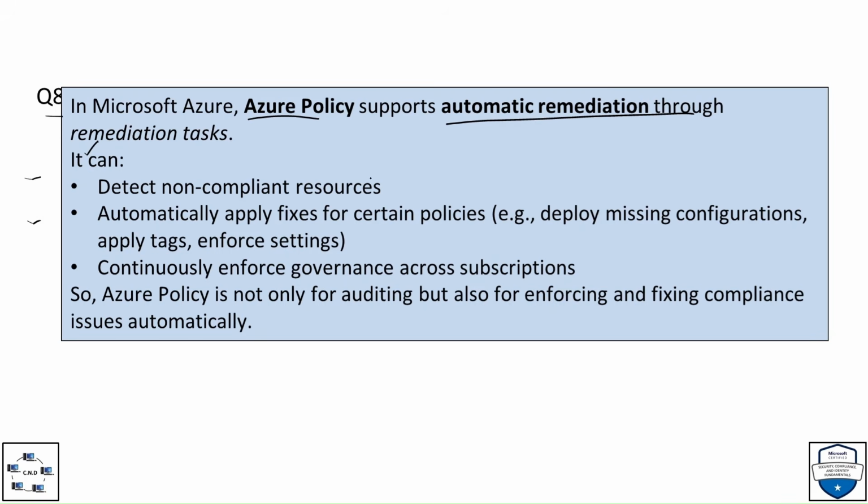It can detect non-compliant resources, automatically apply fixes for certain policies, for example, deploy missing configurations, apply tags and enforce settings, and continuously enforce governance across subscriptions. So Azure Policy is not only for auditing but also for enforcing and fixing compliance issues automatically.